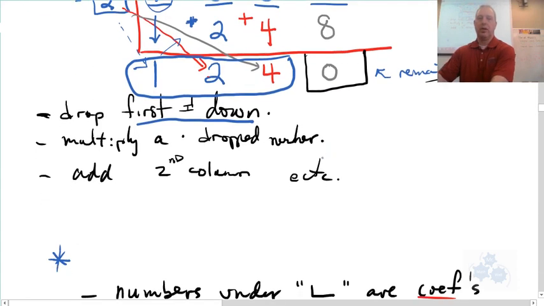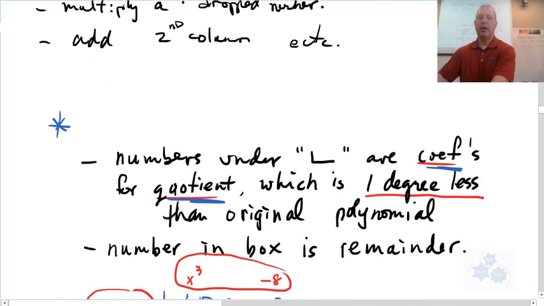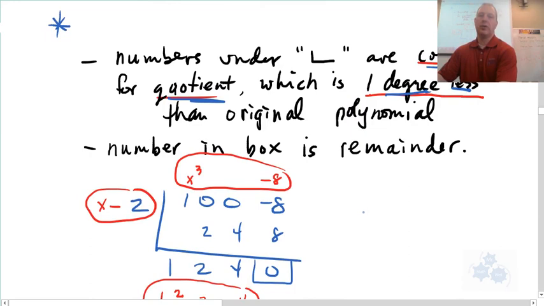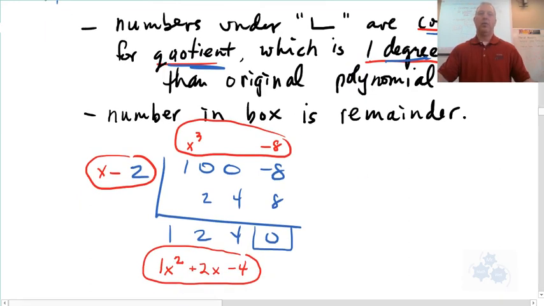I've written that down under here. The numbers under the L are the coefficients for the quotient. And that quotient is always 1 degree less than the original polynomial. And the number in the box is the remainder. So I've just rewritten what we did over here.